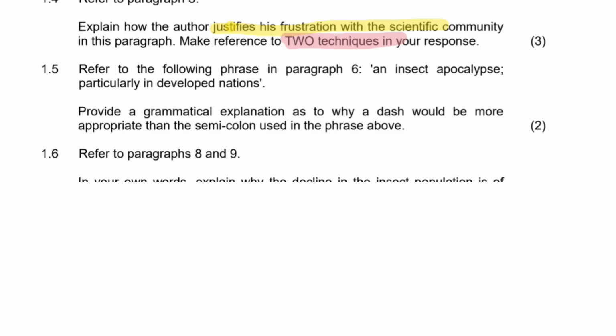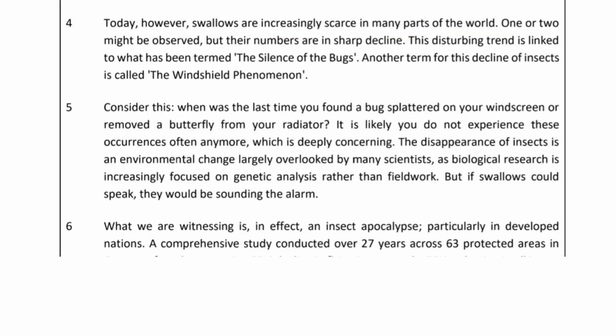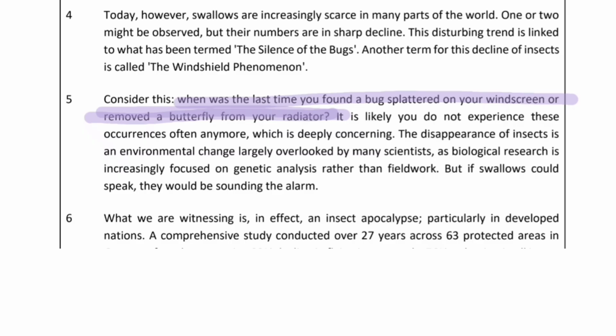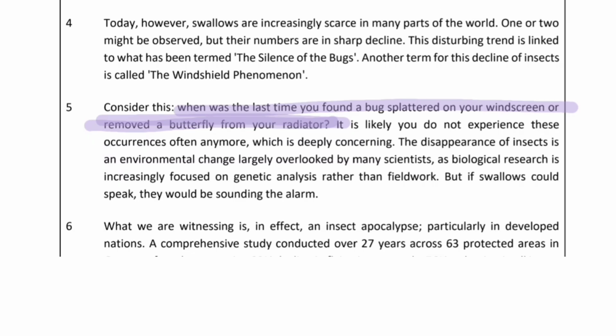Let's go to paragraph 5 and see what the author's frustrations are and what the language techniques are that have been used to justify that frustration. Paragraph 5 opens up with a rhetorical question. Then you must tell the marker how this rhetorical question has been used to justify the author's frustrations with the scientific community.